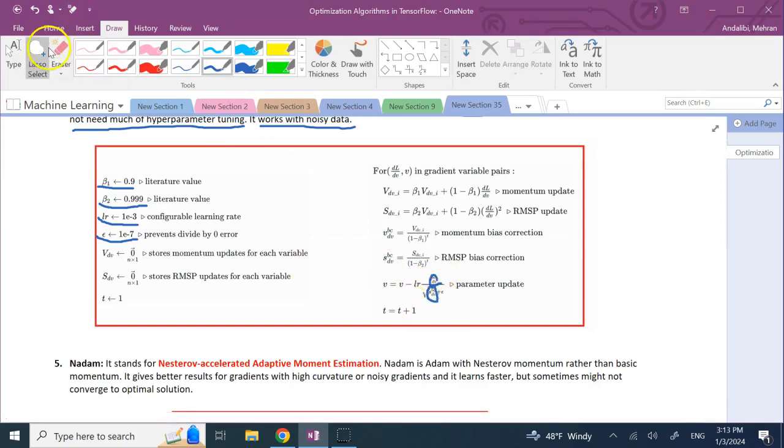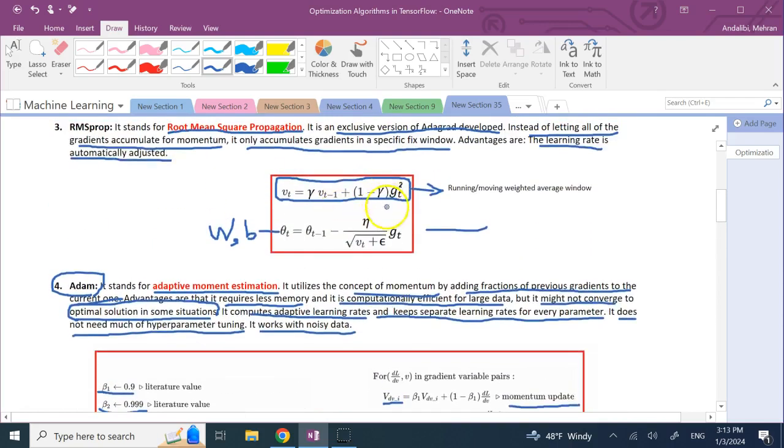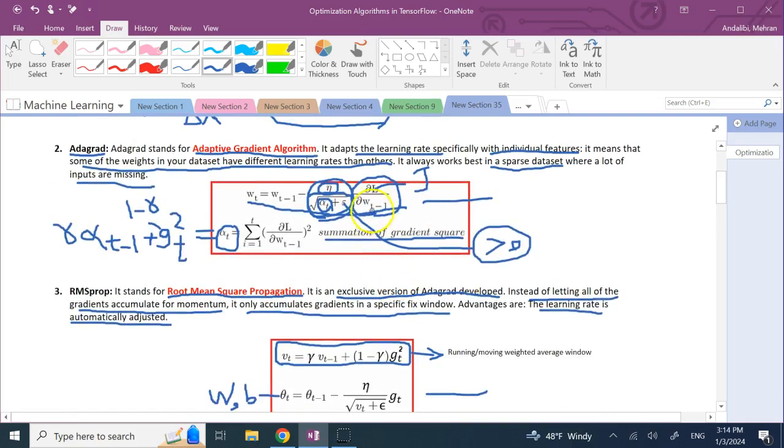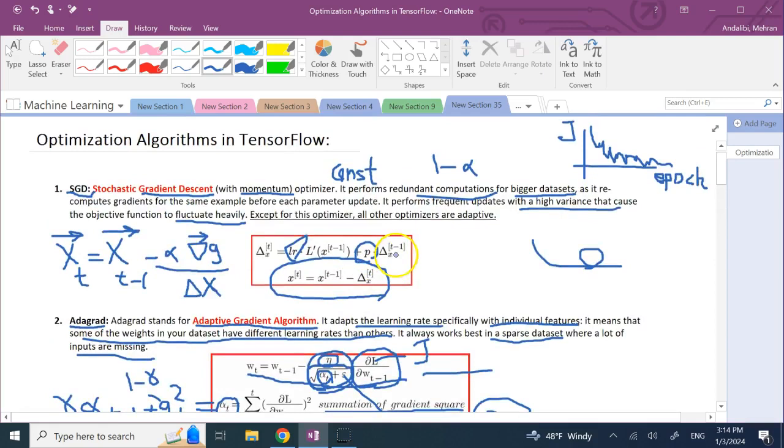What are they? How are they going to be updated? So let's talk about them. v is the momentum term, and s is the momentum square term. So basically what this method does, it combines what RMSProp does by working on the square of the gradient, as well as what the basic SGD does by working on a power 1 of the momentum.